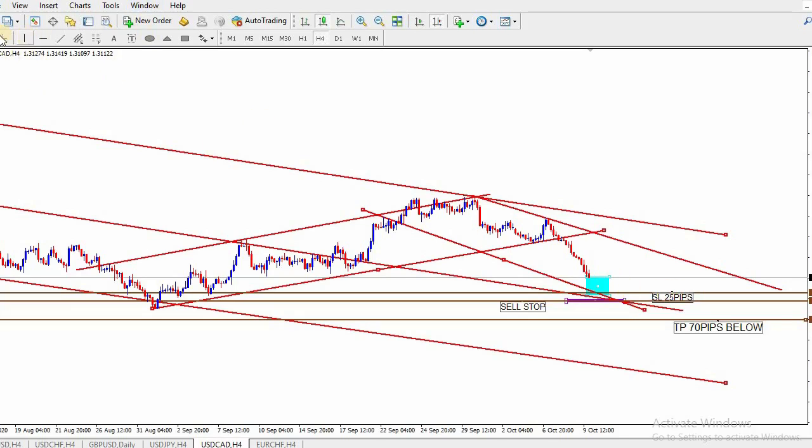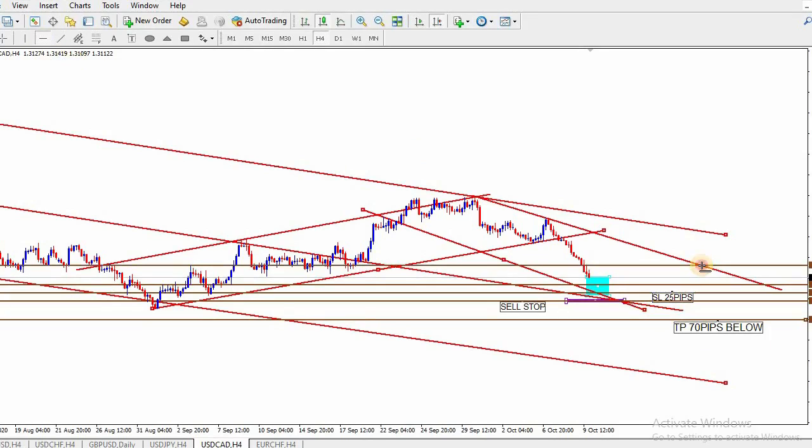And then we can also place a buy stop there. If you take profits around this region, 76 pips.